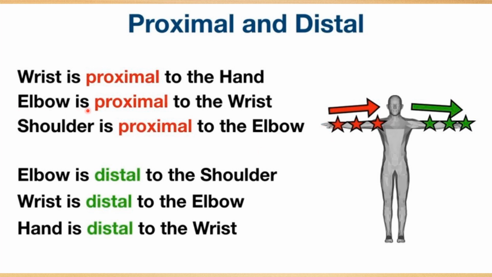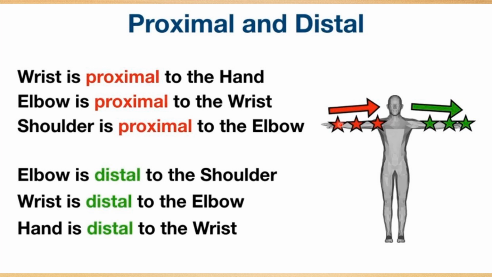Then we can compare the elbow and the wrist. This is the wrist, this is the elbow. In comparing the wrist and the elbow, we see that the wrist is further away from the elbow. So we say that the elbow is proximal to the wrist, and the wrist is distal to the elbow.